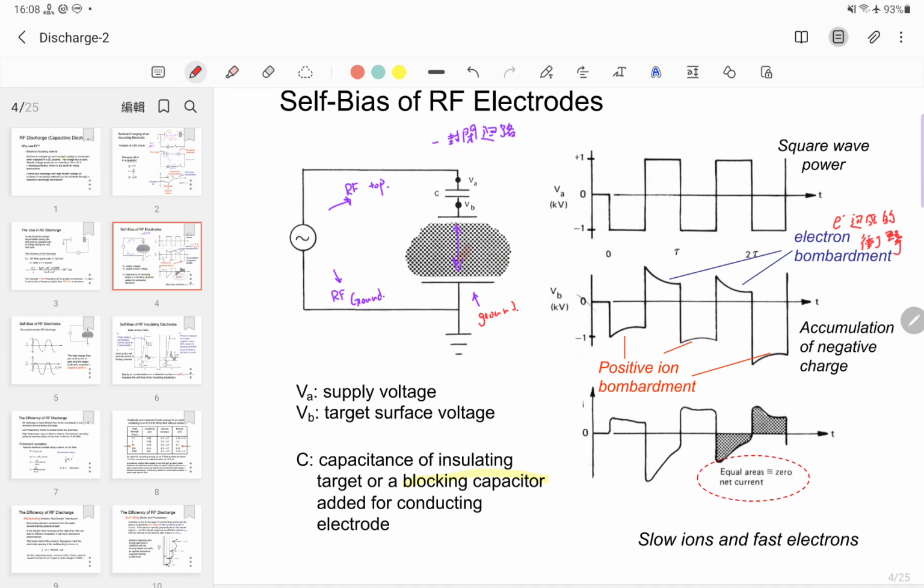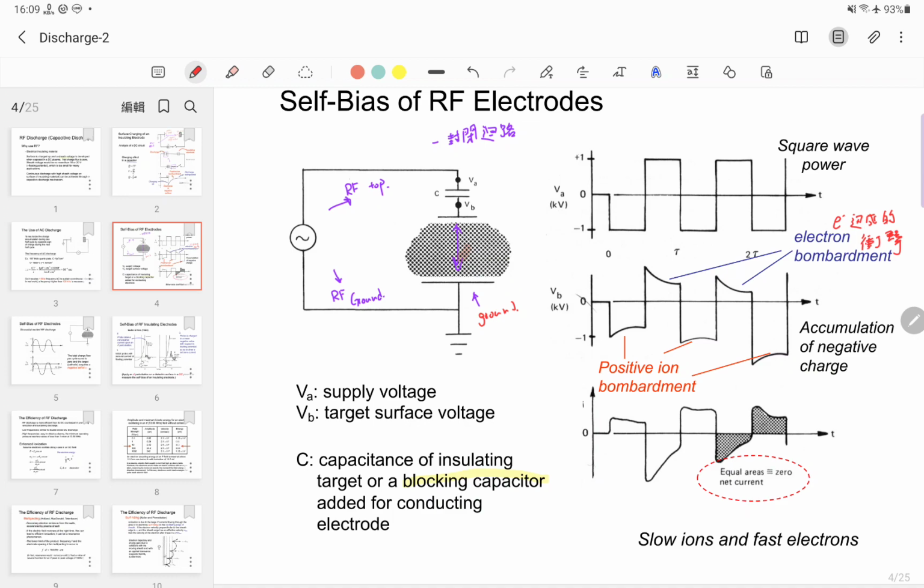So the potential of the top electrode might change from 1200 volts and then drop to less than 400 volts. And then at this point, the polarity of the input changes again.